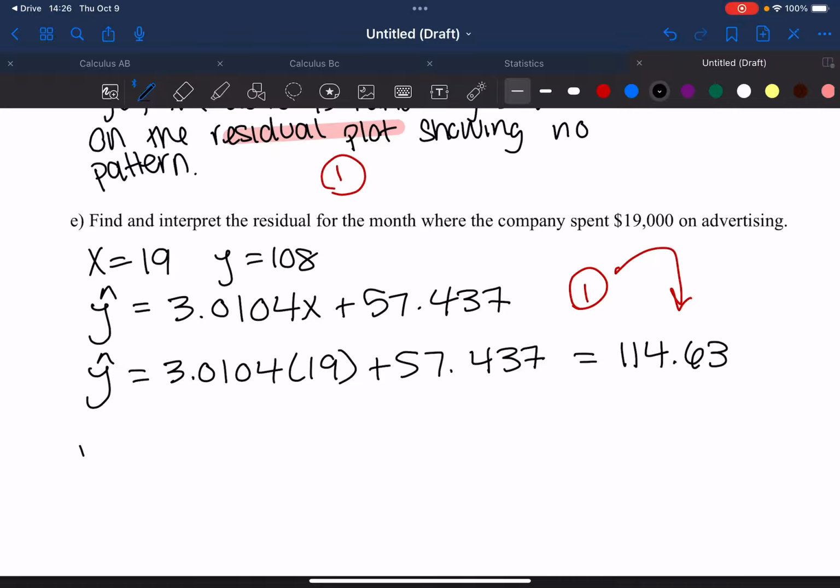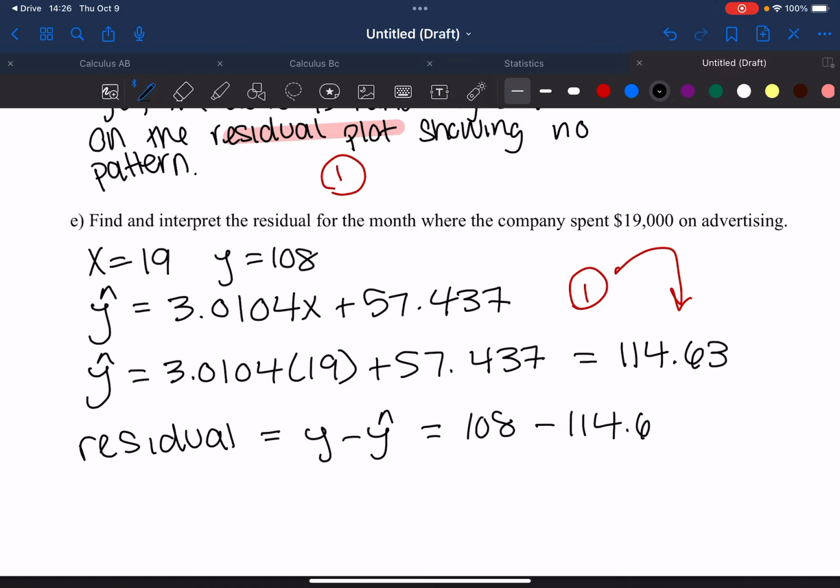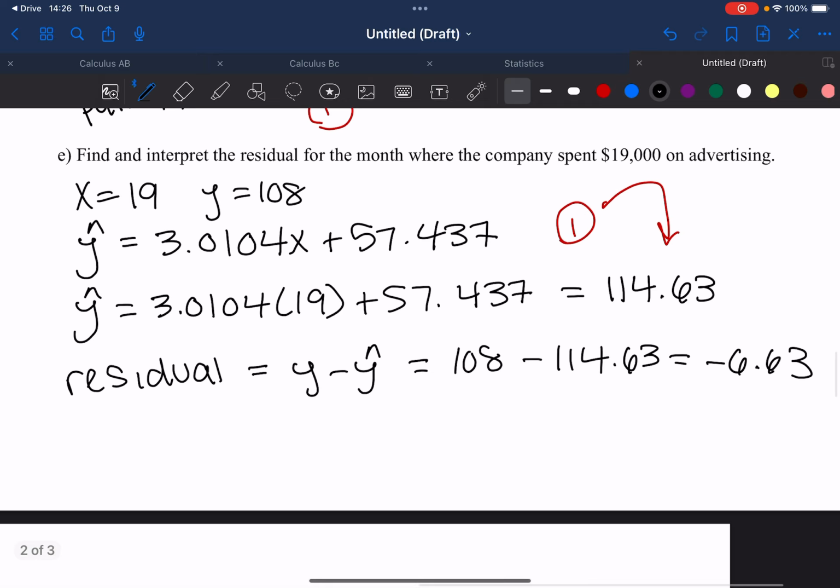Okay. Then in order to calculate your residual, we know residual is y minus y hat. Well, y is 108 and y hat is 114.63, which means we got a residual of negative 6.63. That was 1 point. The last point was actually writing out your interpretation.